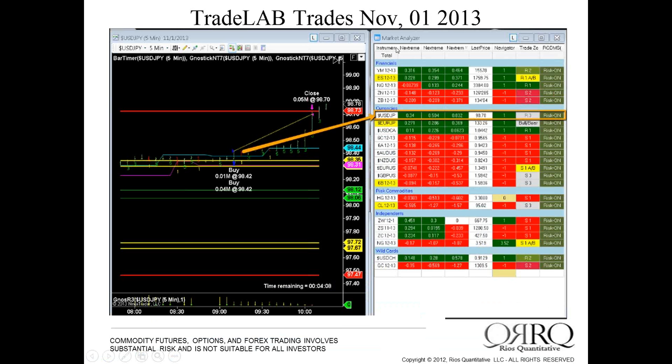Here's the TradeLAB and its performance. This was what I did in the yen. This was Friday. I had the Japanese yen. We were risk on. Okay? Take a look at all of this. Dollar strength. Right across the board, Euro weakness, New Zealand weakness, Aussie weakness against the dollar.